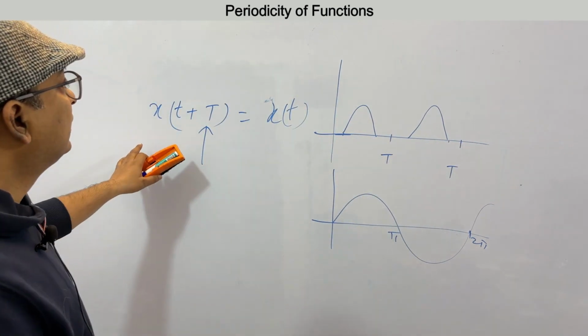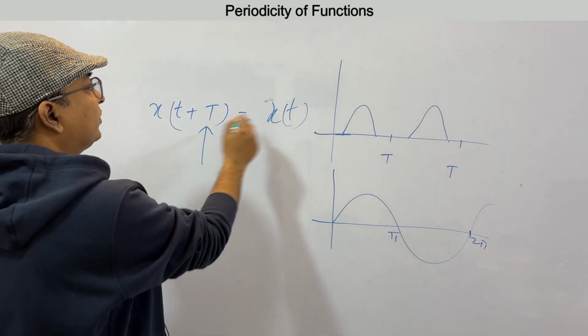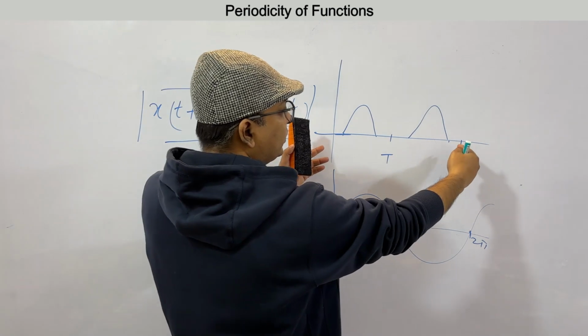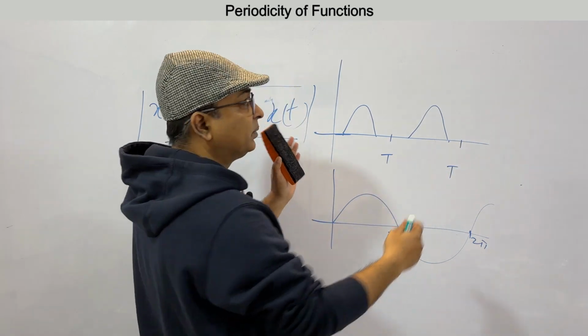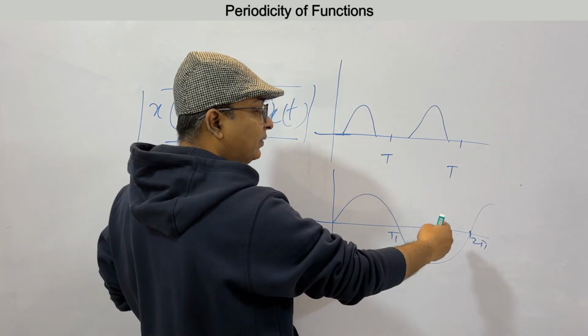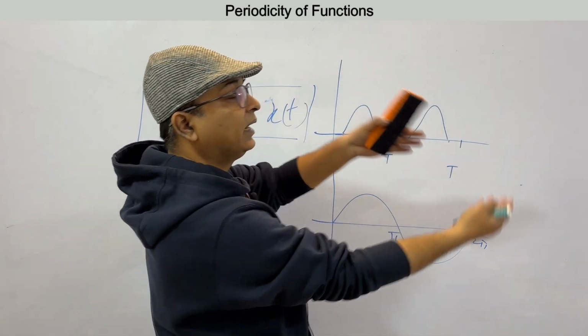Okay. What is fundamental time period or fundamental frequency? The lowest value of T for which this equation holds true. Let me explain you. 2T is also a time period, because after 2T it repeats itself. That is, if you have a sine or cosine wave, after 4 pi or 6 pi or 8 pi, the wave is identical.